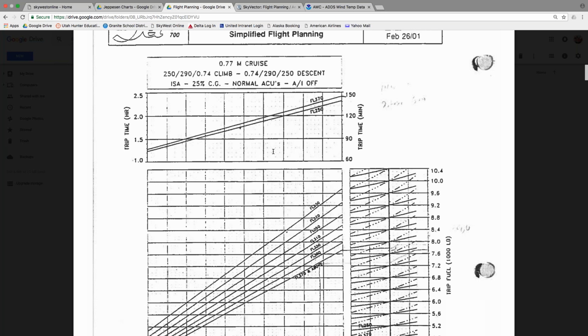Okay, you see two lines in this box, right? One says 37,000 feet, one says 25,000 feet. So we went from this reference line and followed it up to here. If we just continue that line straight up to our 37,000 foot line, and then follow that out to the sides, tee it off out to the sides, that gives us our trip time in hours and minutes.